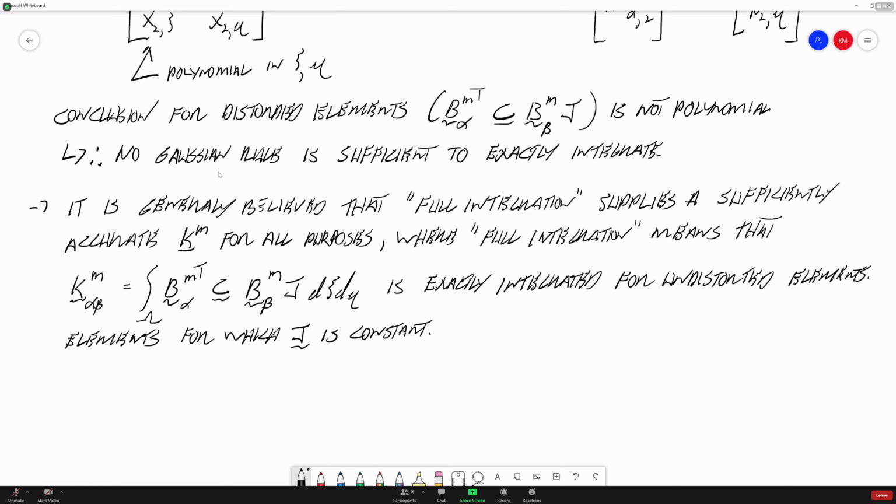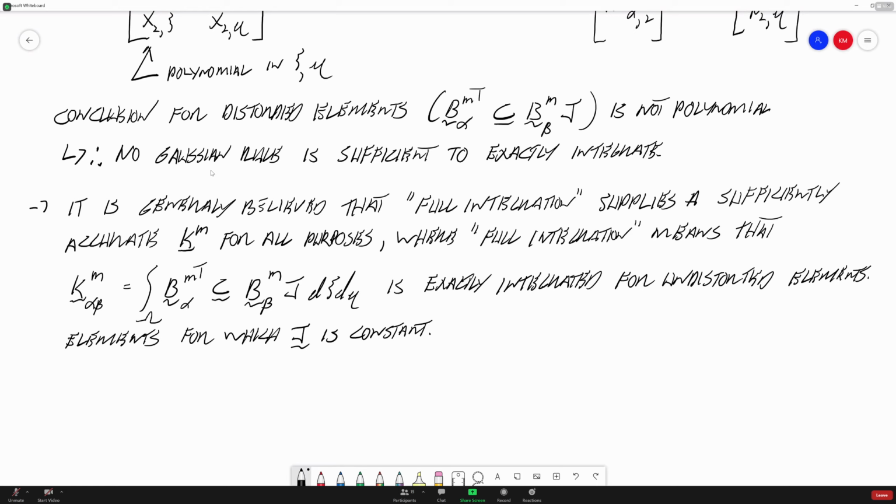Yes, we understand a Gaussian rule isn't sufficient to exactly integrate it, but because people have been using this and studying it for so long, it's a common kind of professional courtesy that it's considered a sufficiently accurate K stiffness matrix, what they consider a full integration.